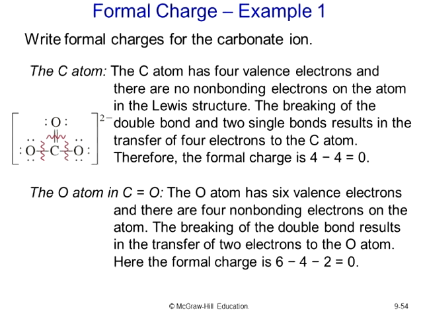Let's look at another example. We have the carbonate anion, which is minus 2 here. The way we look at it is by visualizing where we break the bonds. And what we observe is that carbon should have 4, and it does have 4, so it would have a charge of 0.